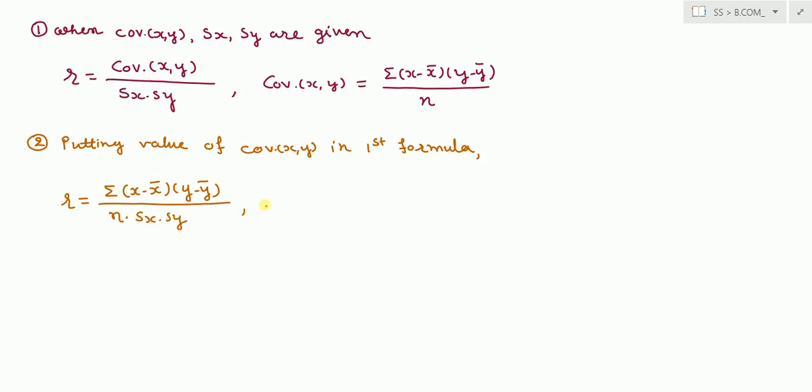Where sx is equal to the standard deviation of x, under root of sigma x minus x bar whole square upon n, and sy is equal to under root of sigma y minus y bar whole square upon n.